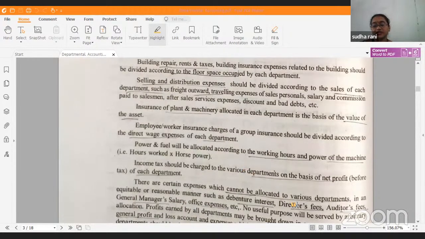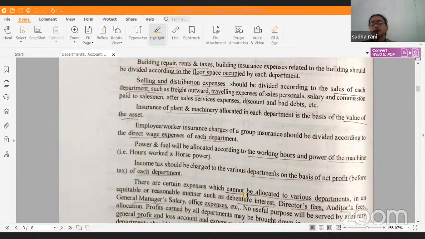There are certain expenses which cannot be allocated, like dividend paid, director fee, auditor fee. Because the dividend you are paying is on the entire shares of the Big Bazaar, so you cannot allocate it to a particular department. Director fee, you are paying for auditing or for preparing the report of your entire Big Bazaar financial statements.